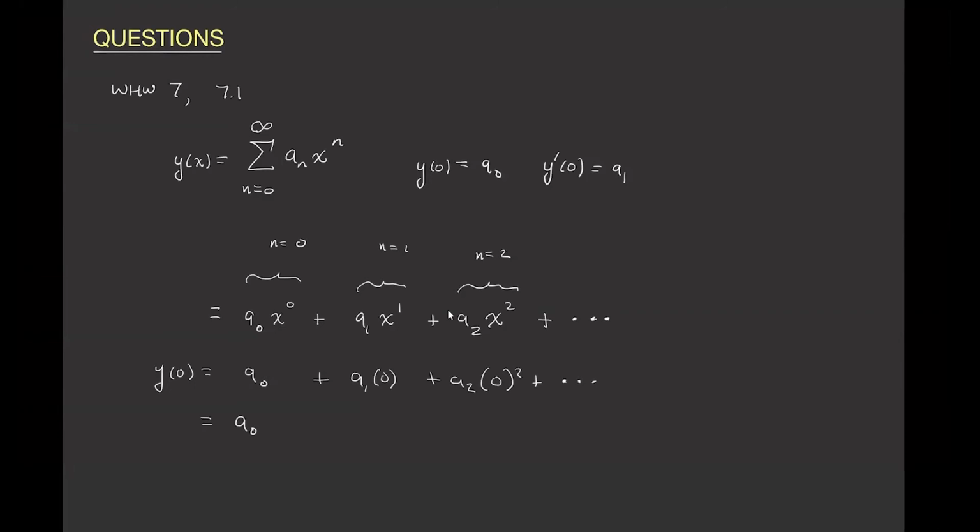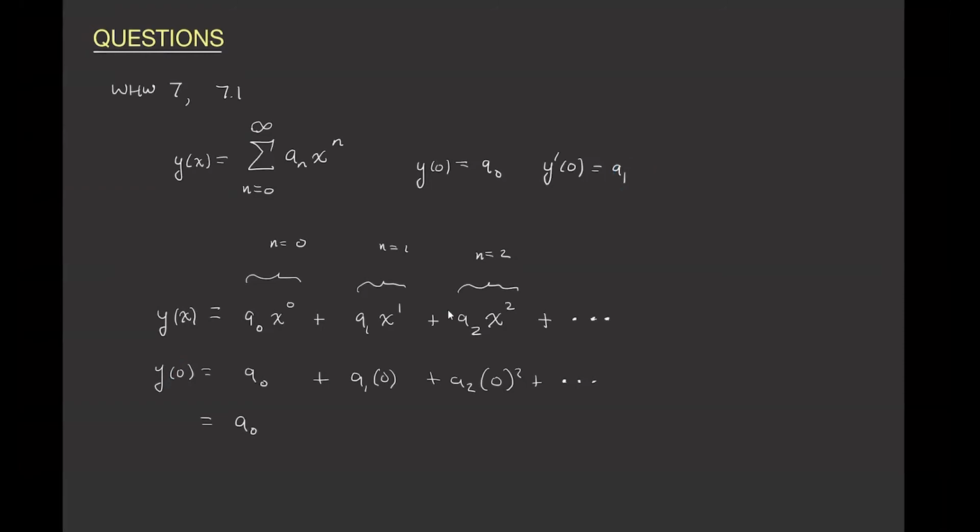From there, what you can do is go back to this series representation, differentiate all the terms, and then do the same type of thing where you substitute in 0 and see what value you get. The claim is that you should get just a1.